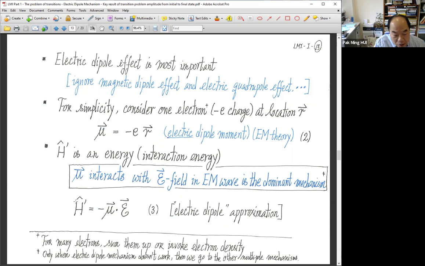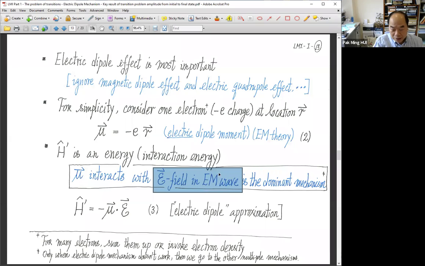In quantum mechanics, we need an interaction energy to go into the Hamiltonian. But that's easy. An electric dipole interacts with an electric field, and there is an oscillating electric field in the incident light, which is EM waves, as you know well.